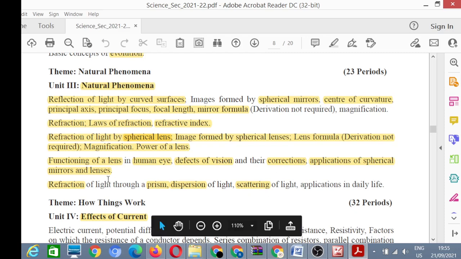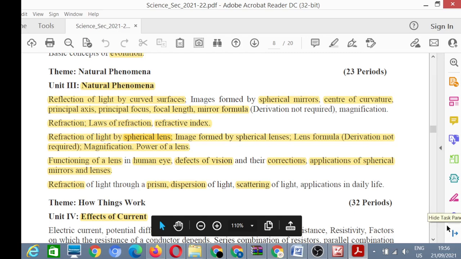Then we have refraction of light through a prism. Then dispersion of light, then scattering of light, then applications in daily life.